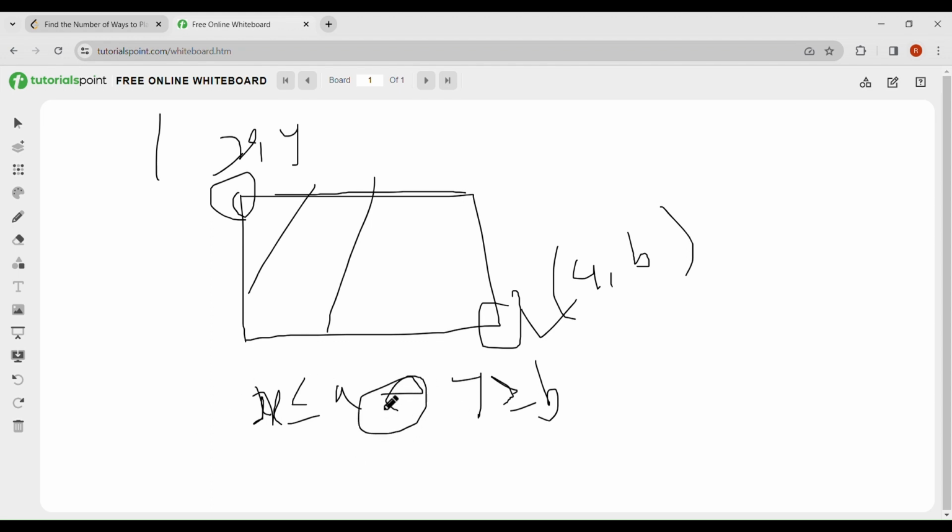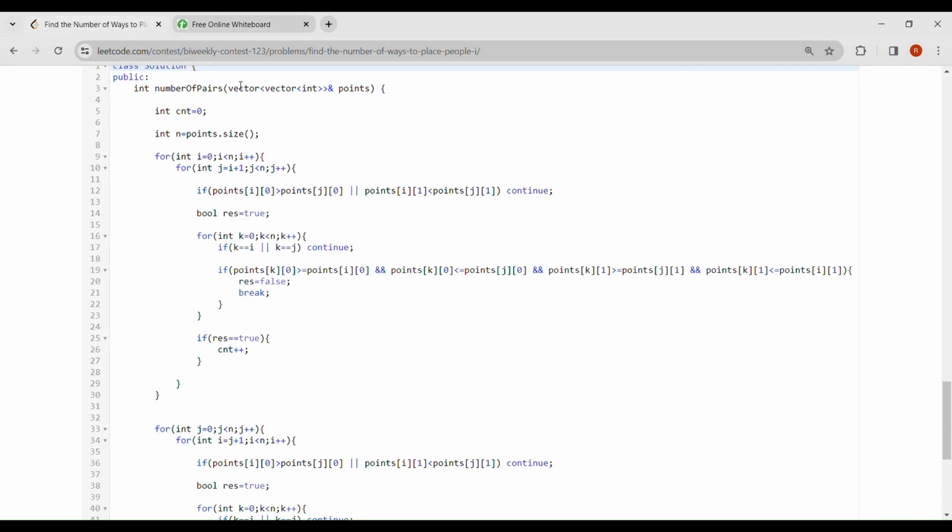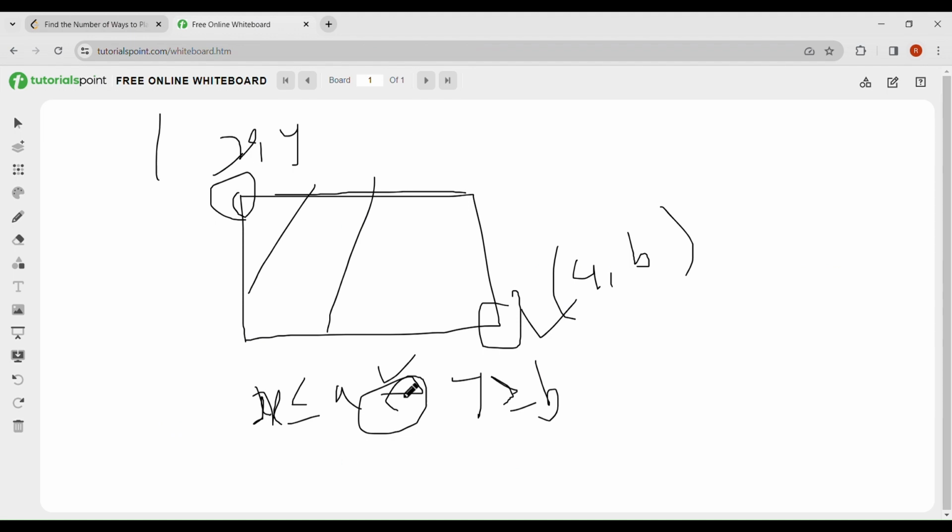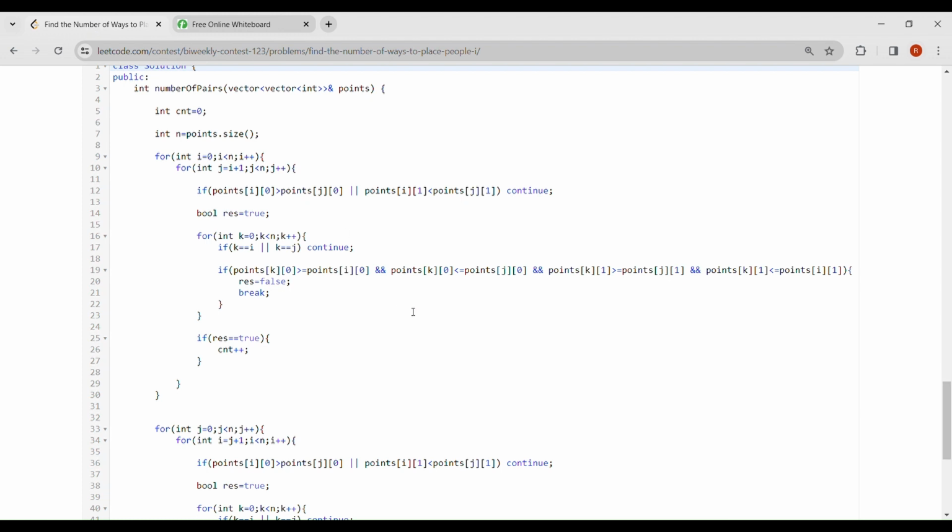If one does, then the pair is not a valid answer. If there is no point in between these two conditions, then the answer is correct. Otherwise there is no answer, so you will not count it. I have considered only that condition.